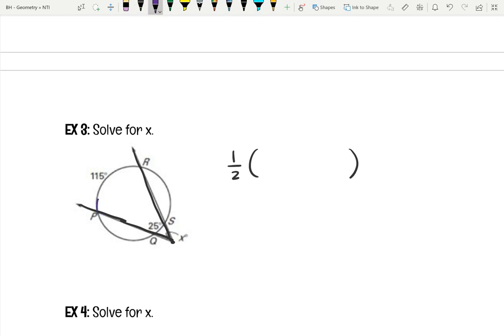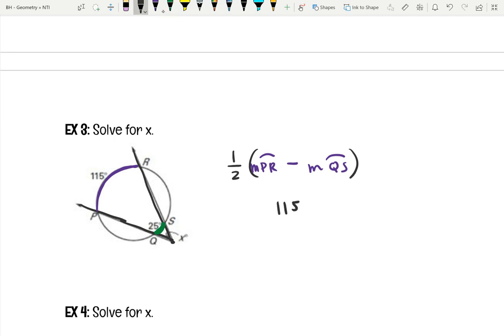So I'll take half of arc PR minus the measure of arc QS. So if you like to just kind of fill in for the formulas, you do this one minus this one and take half of that.